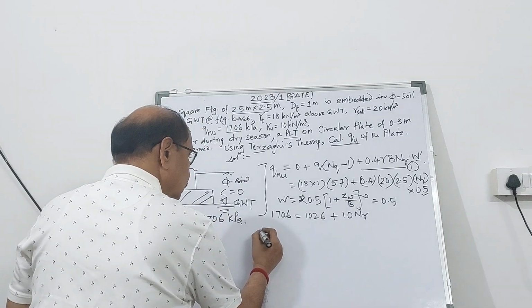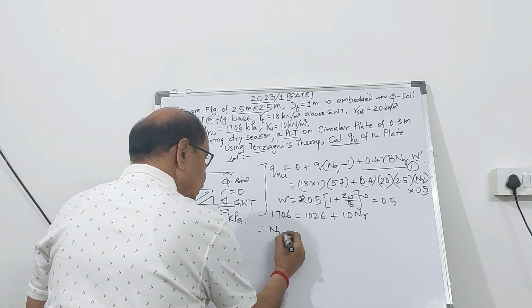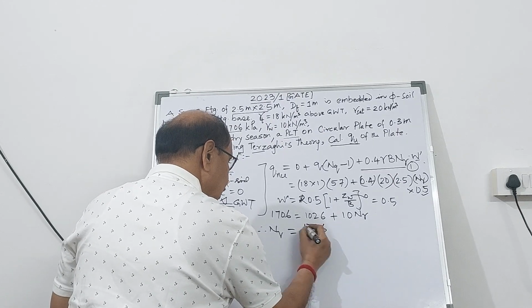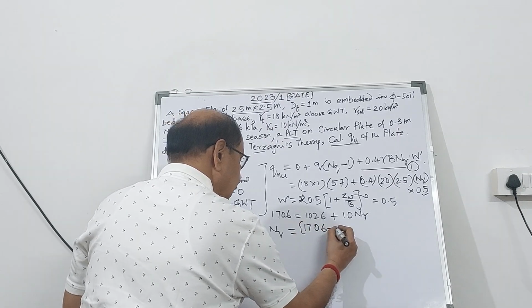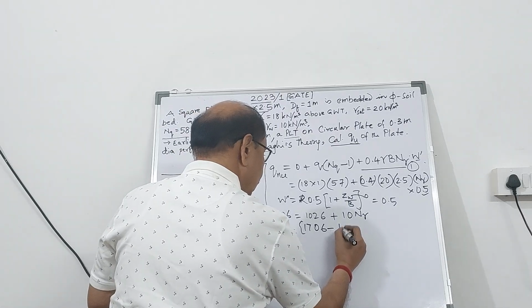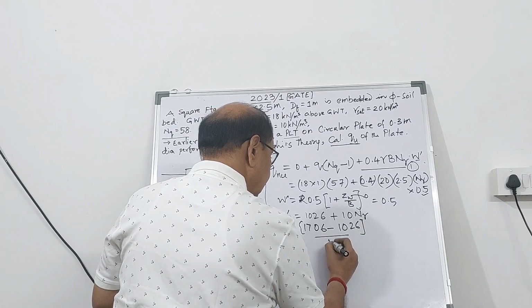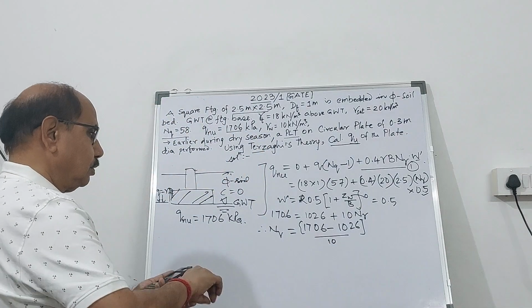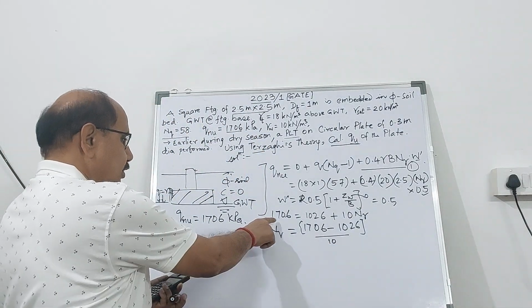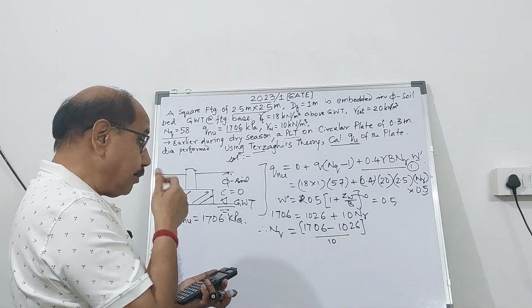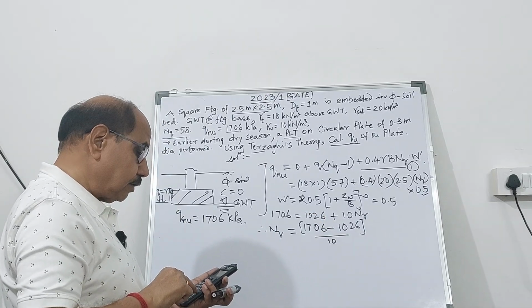Therefore, N gamma equals 1706 minus 1026, divided by 10. Right? 1706 minus this, divided by 10. That's the value of N gamma. So let's calculate.